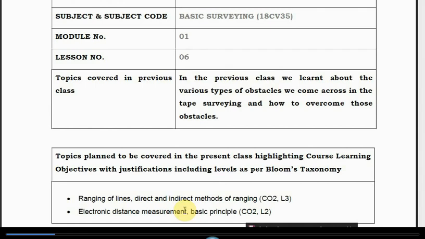Now, ranging of lines is done when you want to establish survey lines, especially when the length of the survey line is more than the length of the tape. And in almost all the modern instruments electronic distance measurement is used.